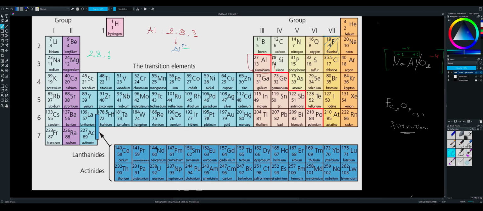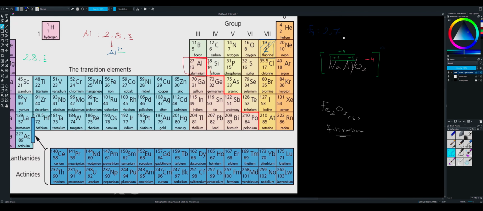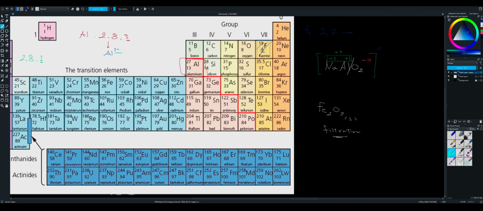So that's F9, which means that its electronic distribution would be 2 and 7, because 7 plus 2 equals 9, which is the total number of electrons. Fluorine, when it reacts in a chemical reaction, as a member of the seventh group, tends to gain an electron because it's easier for the outer electronic shell to just gain 1 electron to have 8 electrons.